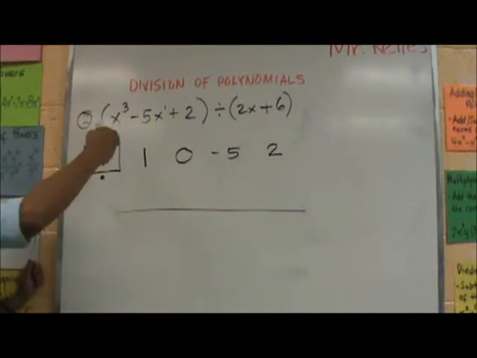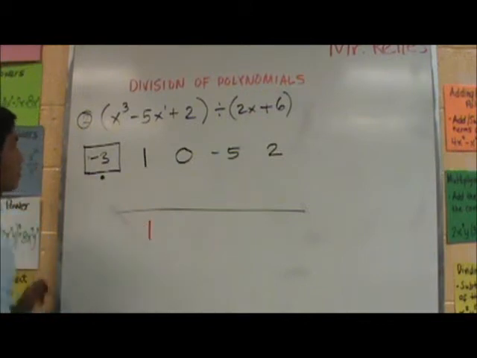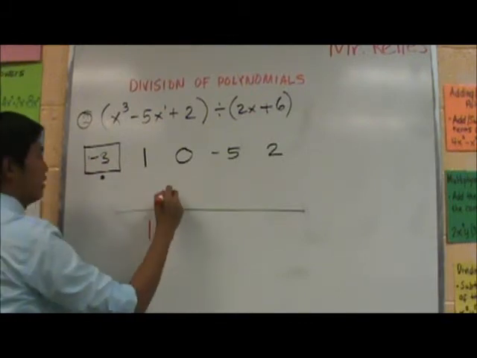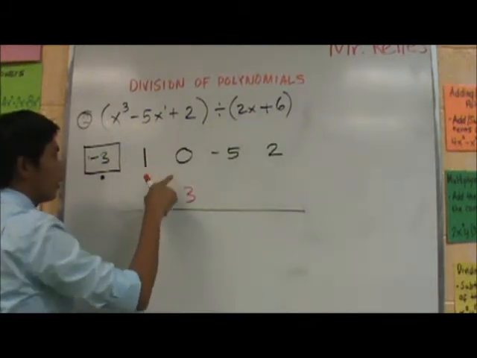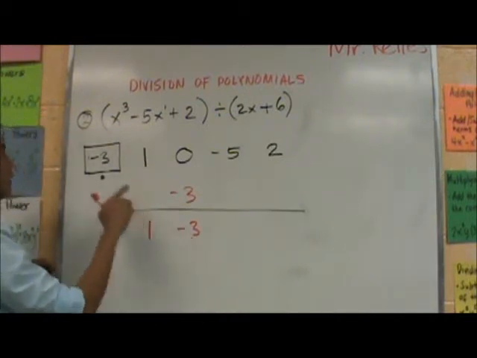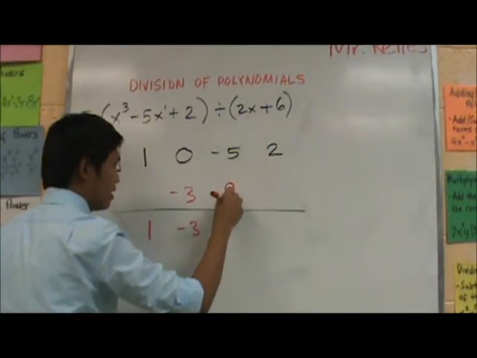Again, first step, drop down the first number, which is 1. Next, 1 times negative 3 is negative 3. 0 minus 3 is negative 3. Negative 3 times negative 3 is 9.